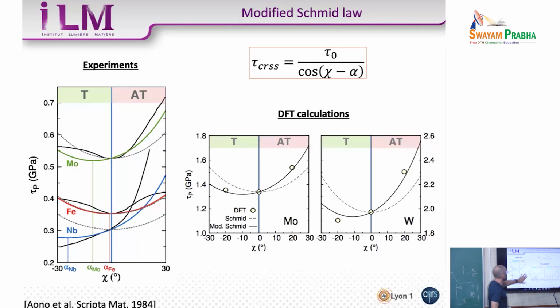So what we did is we did really painful brute force DFT calculations to measure the Peierls stress as a function of the chi angle in molybdenum and tungsten. And so the symbols here are the painful DFT calculations, and the black curves here are the prediction, no fitting parameter. And you see that the agreement is perfect in molybdenum.